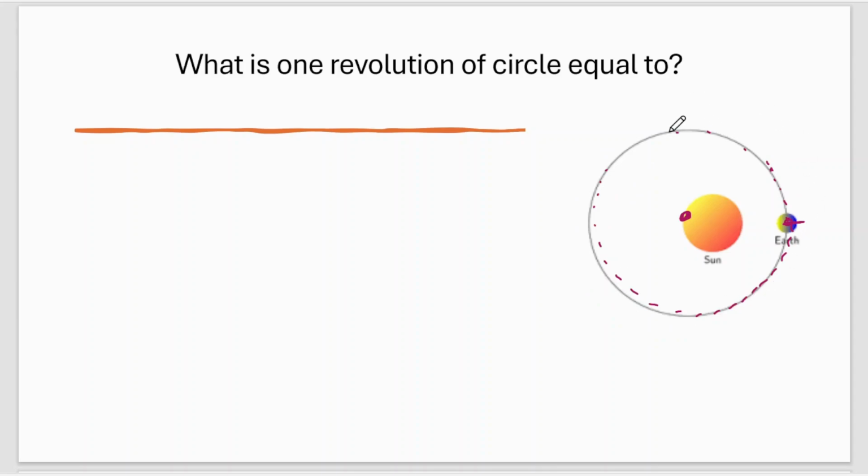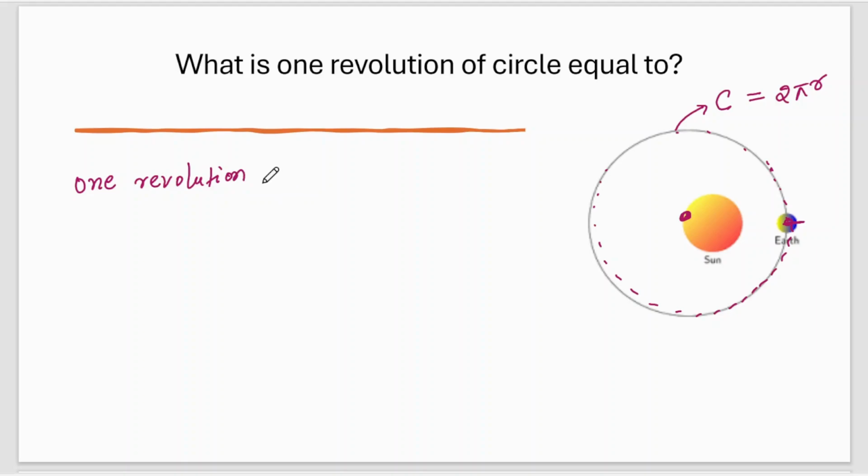See, the distance covered by the earth in one complete revolution, we can say, is equal to the circumference of the circle. So what is the circumference of the circle? 2 pi r. So one revolution is nothing but the distance covered by the earth.